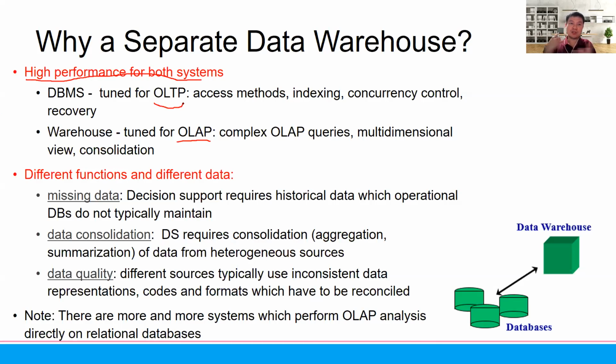Because for OLTP, you need the access methods, you need to do the index directly, you need the concurrency control, and you also need to have recovery because it is an online transaction. For example, if there is a hacker or someone who tried to do phishing, the data should be recovered immediately. So that is in the OLTP.